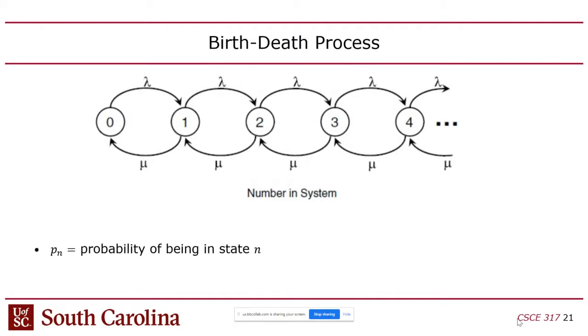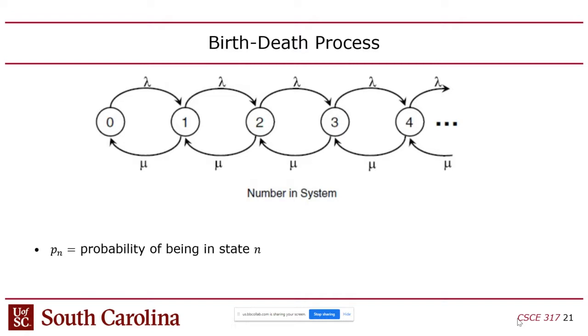Okay, so what we want to do is calculate P of n, which is the probability of being in state n. If we know P sub n, then we can use those probabilities to calculate a weighted average.